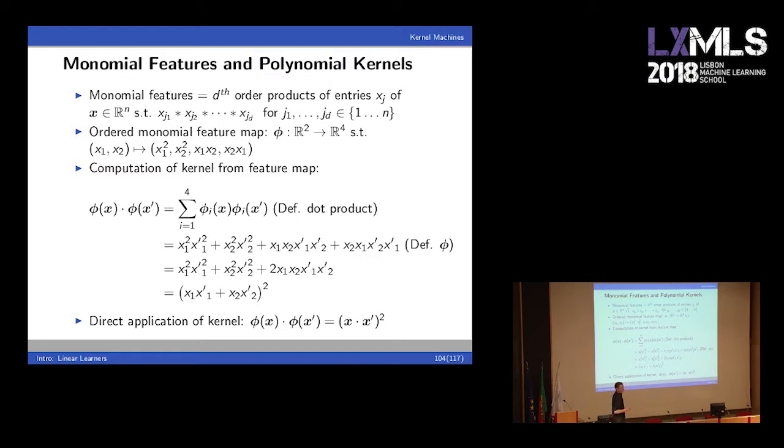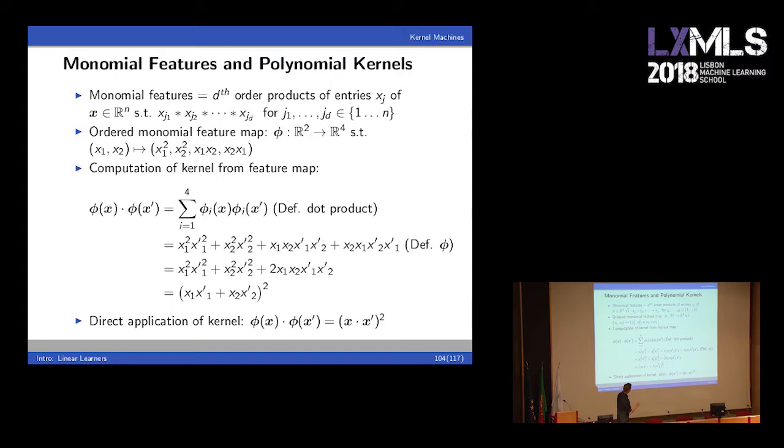So how do we compute a kernel from this feature map? Let's say our learning algorithm includes dot products of examples, phi of x dot product phi of x prime. The dot product is just the sum of the product of the entries.